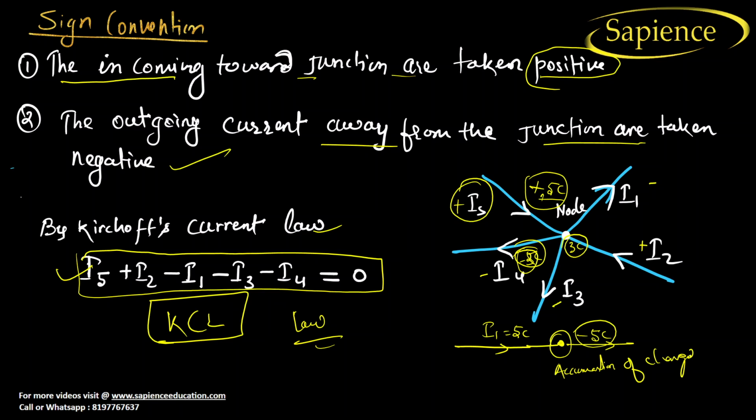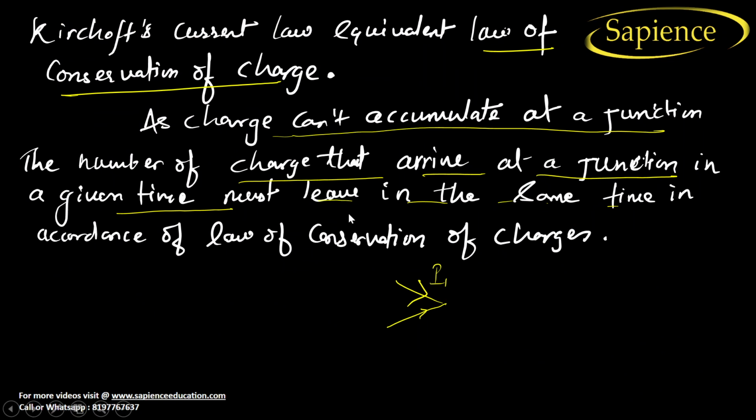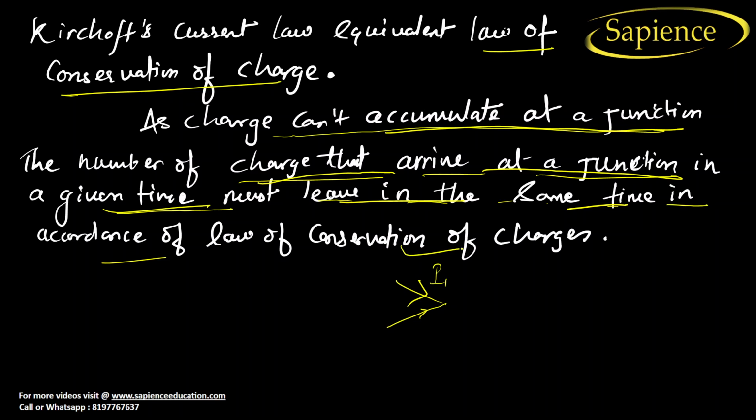If accumulation of charge happens, there will be a spark, there will be leakage of the current. So as charge can't accumulate at a junction, the charge that arrives at a junction in a given time must leave in the same time, according to the conservation of charge. If it does not happen, it will violate the conservation of charge.